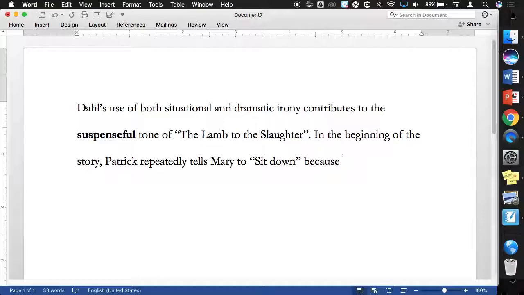So in the beginning of the story, Patrick repeatedly tells Mary to sit down because he has some devastating news to tell Mary. What have I done? I wrote, I have some evidence. I actually want to add some more evidence because I'm incorporating both what Max was saying and everyone else. But what kind of sentence have I written?